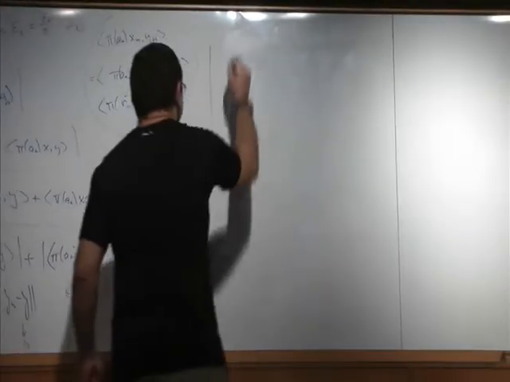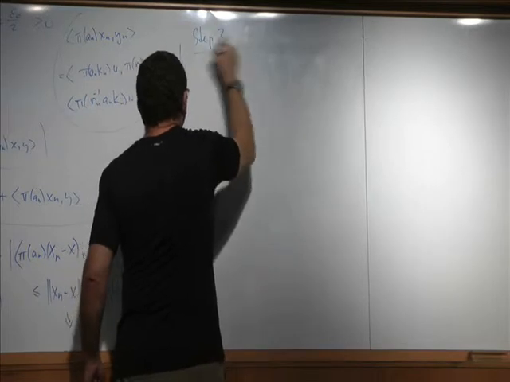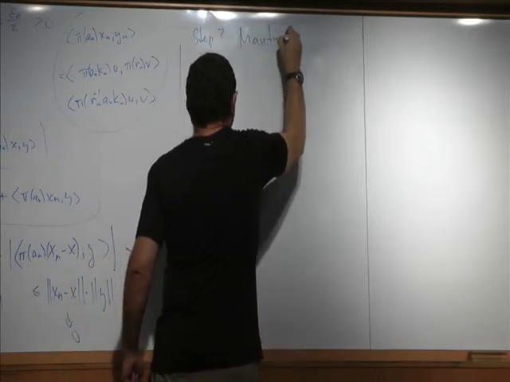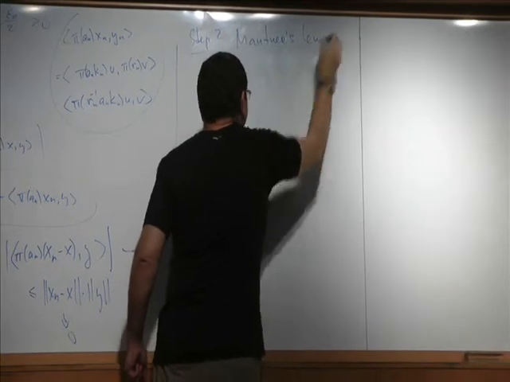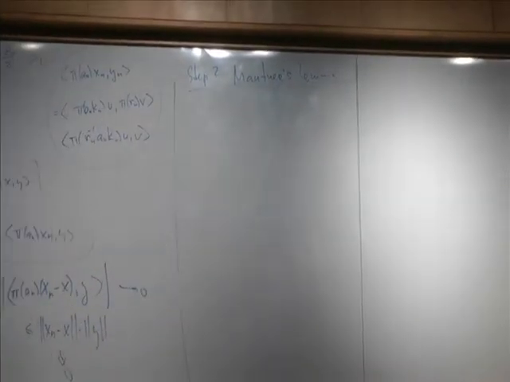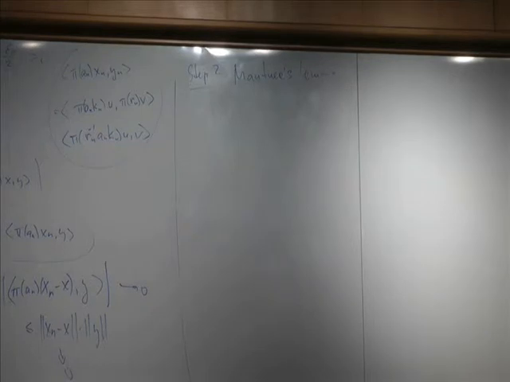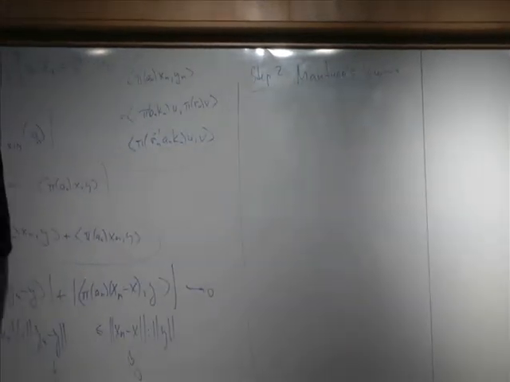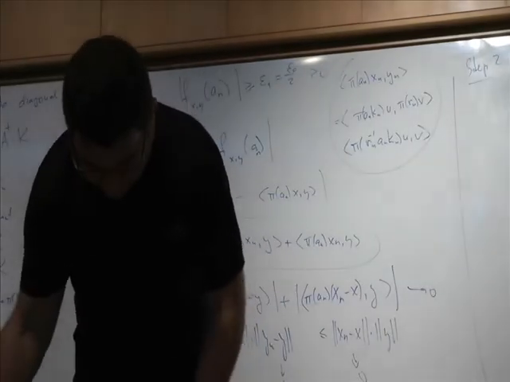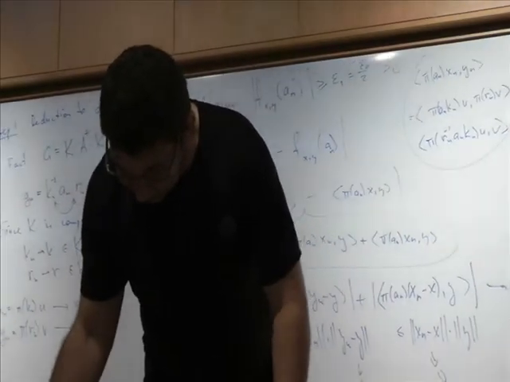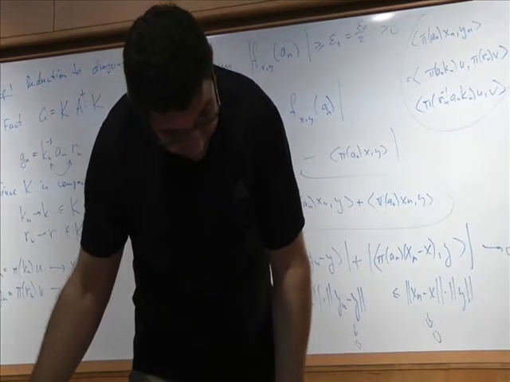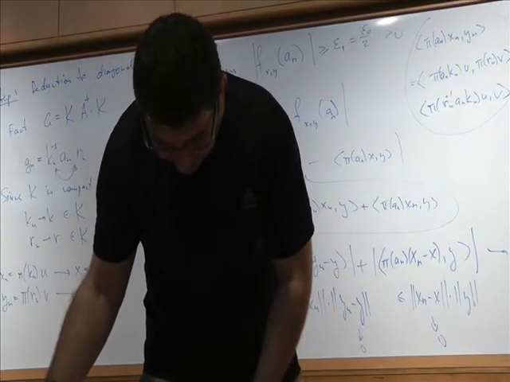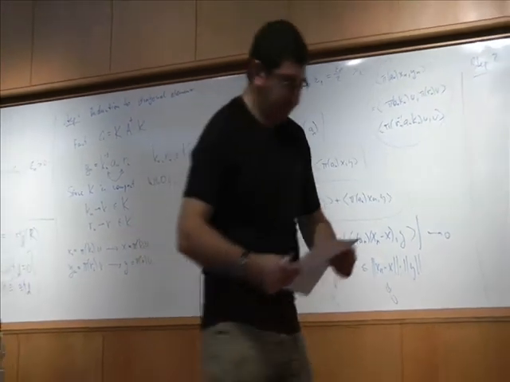So, the next thing is known as Mautner's lemma. It is a really, really clever thing, but very simple. And people use infinitely many versions of that. It goes like this.